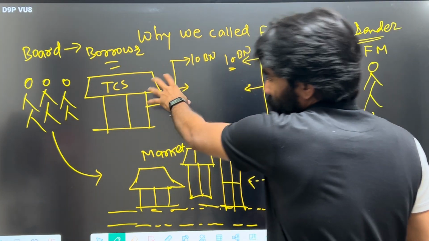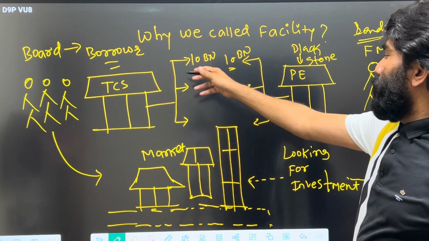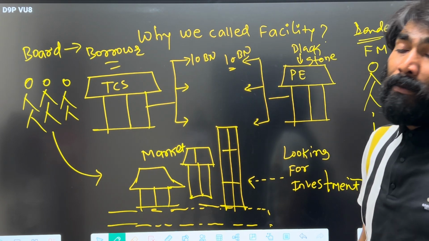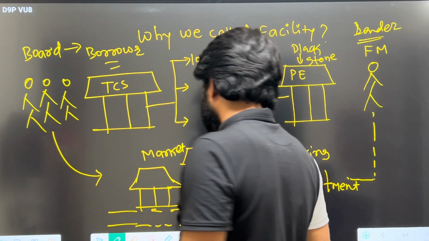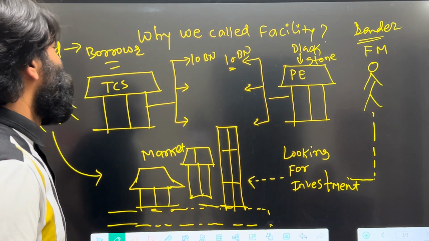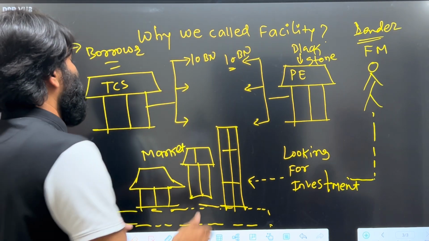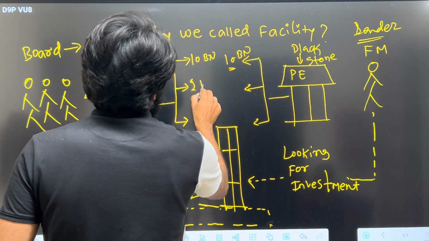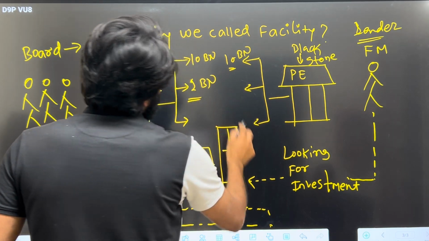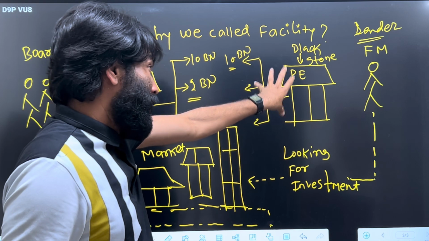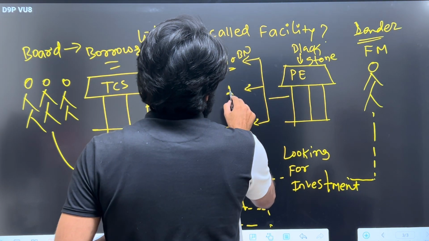So it means TCS has a funding need of $10 billion, and even the private equity fund Blackstone has also committed $10 billion. But let's assume in the next 1 year TCS wants to utilize only 1 billion, not the entire amount, right? Then this private equity fund is also entitled to disburse 1 billion only.